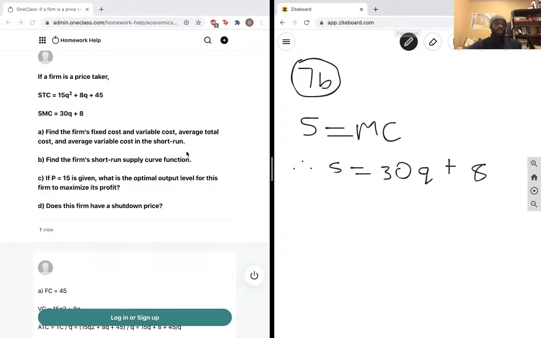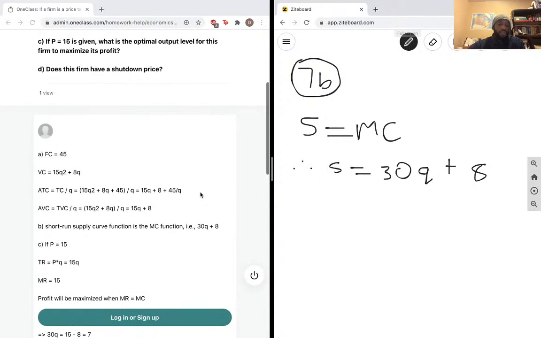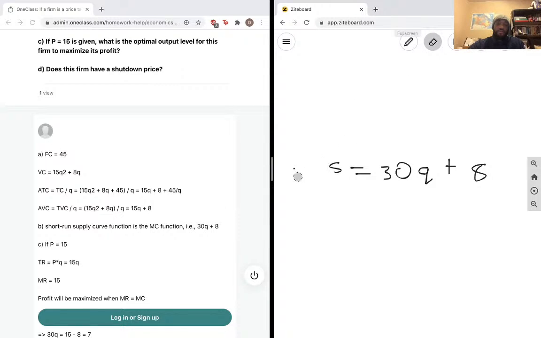If P equals 15 is given, what is the optimal output level for this firm to maximize its profit? And that just tells us that optimal profit is maximized when marginal revenue is equal to marginal cost, like our tutor states here.